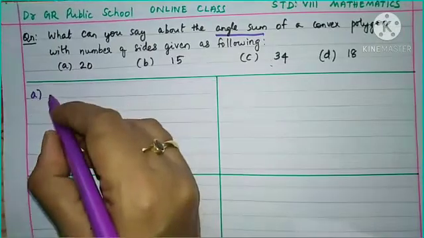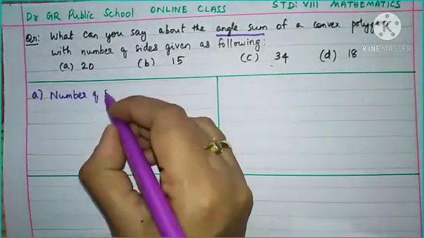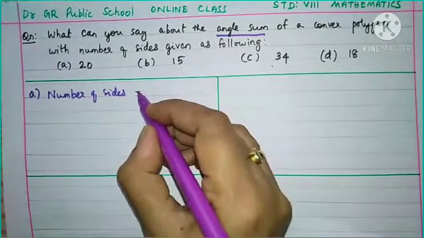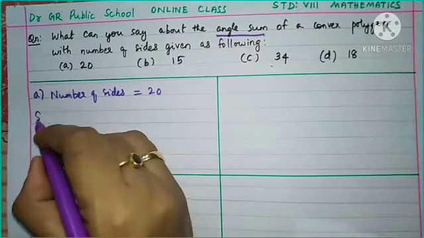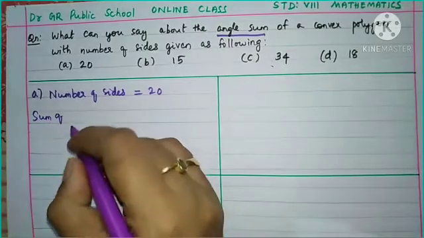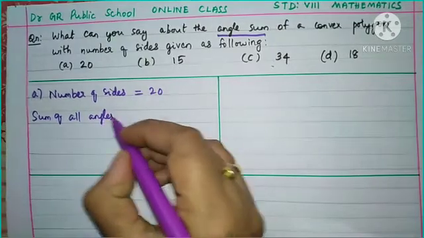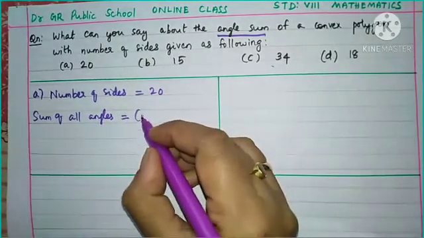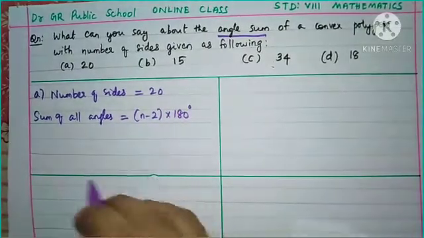It is given that the number of sides of the polygon is 20. Okay, so we can write sum of all angles is equal to n minus 2 into 180 degrees. So that is the relation we studied.